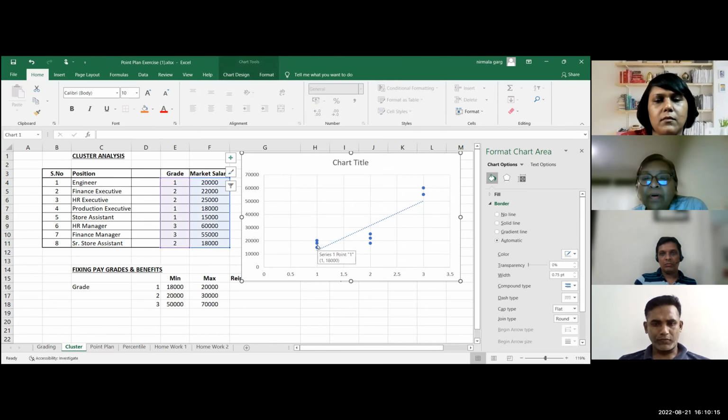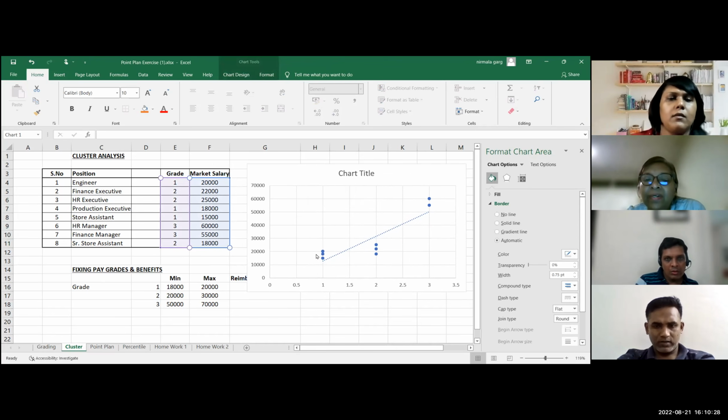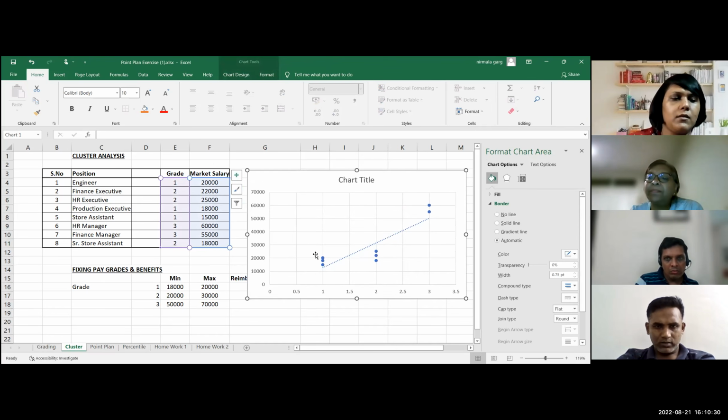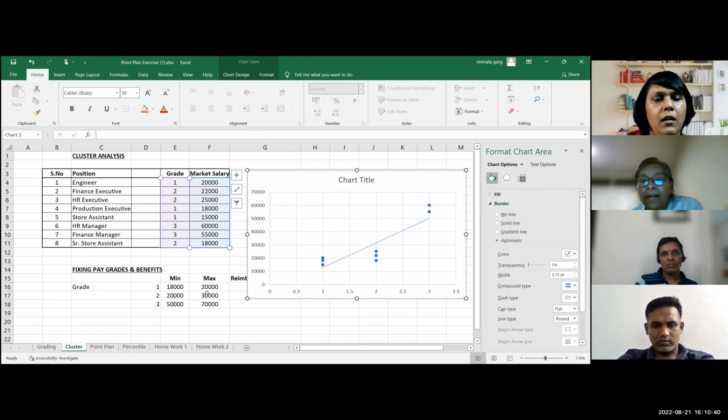Now, in grade 1, what is the market data for the highest job? Anybody? If you can see this graph clearly, can you see that? It's 20,000. So when I have to fix a pay grade or a pay band, I will say grade 1 will have a min of 18,000 and a max of 20,000.